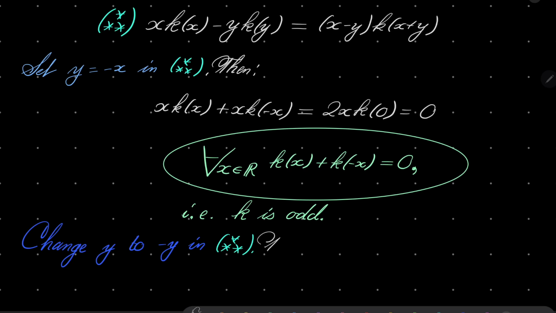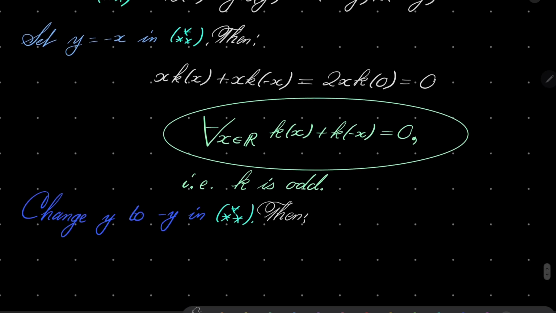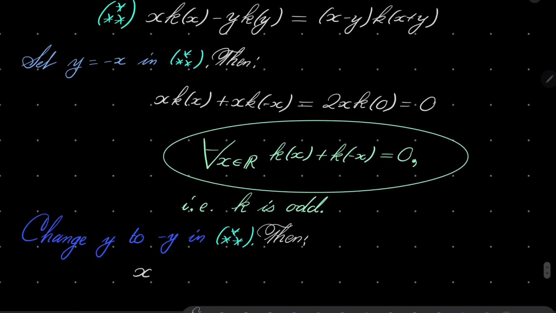What then? Then we have the following equation. Well, we have x k of x minus y, but it's plus y k of minus y equals x plus y k of x minus y.